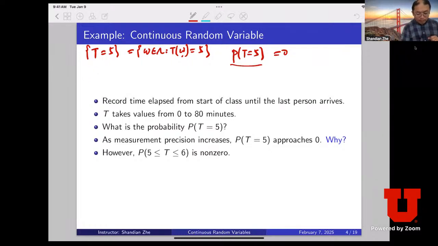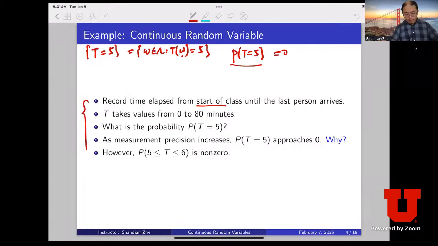we can quickly look at this example again. Here we introduce a random variable t. We record the time elapsed from the start of the class until the last person arrives. So we know t can take values from 0 to 80 minutes, because our class is just 80 minutes.